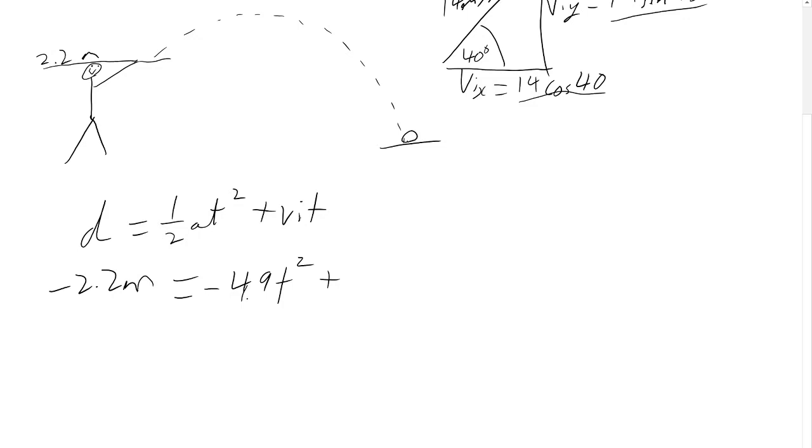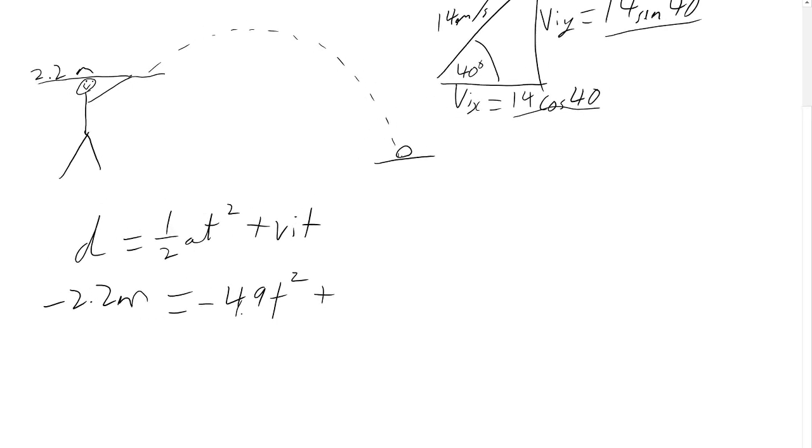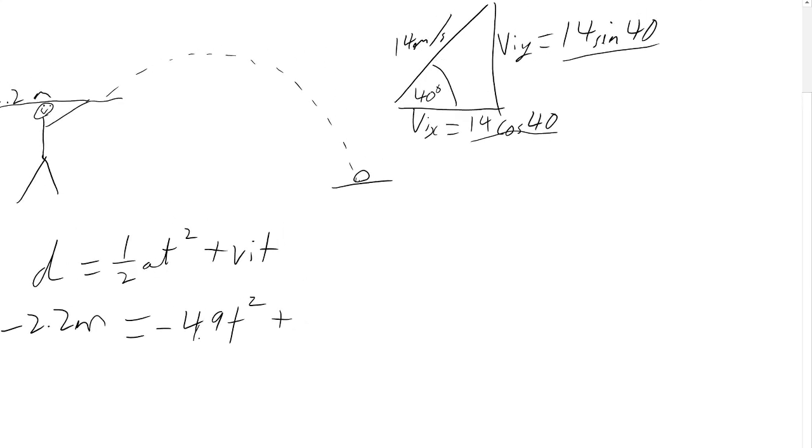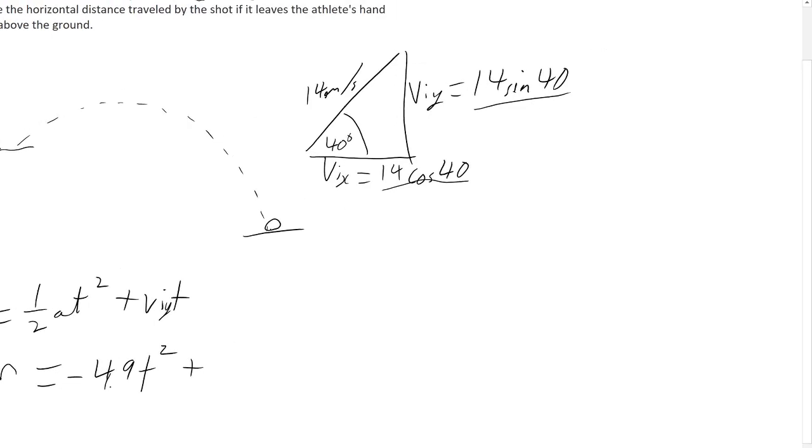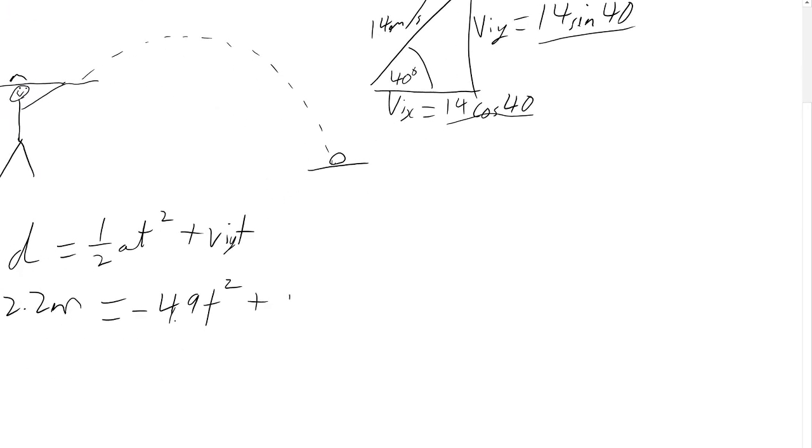And also vit. So right now, we're solving for vertical. We're using vertical components right now. So vi would actually be viy. Let me write that in. Viy, and that's 14 sine 40, times t.